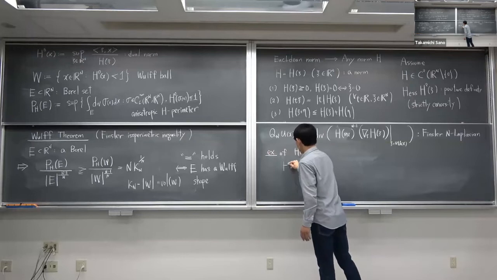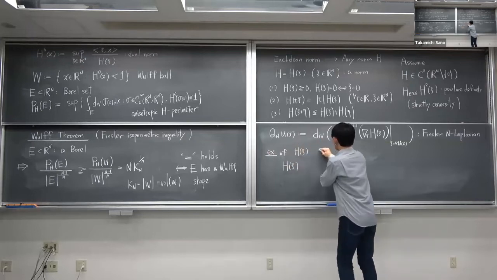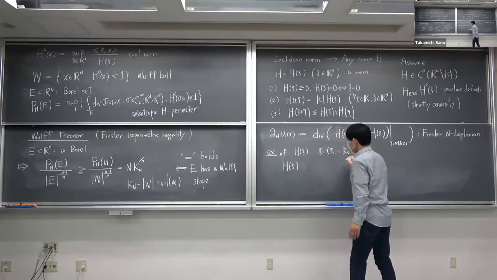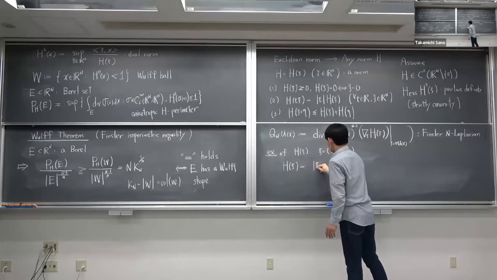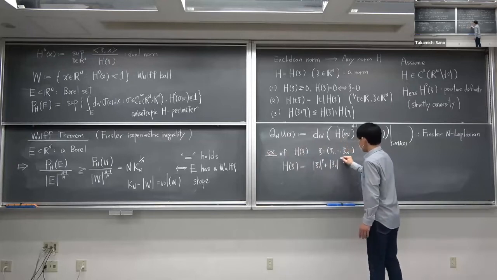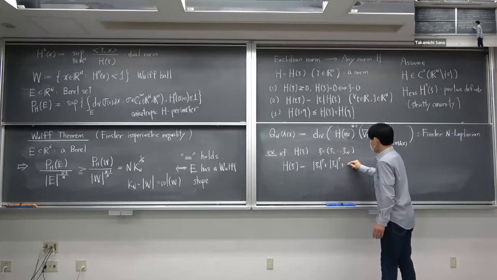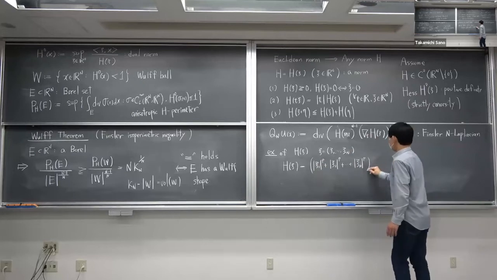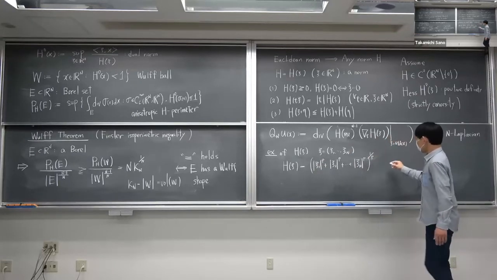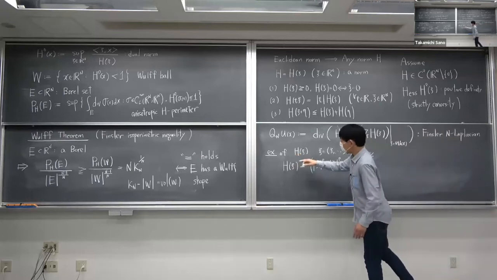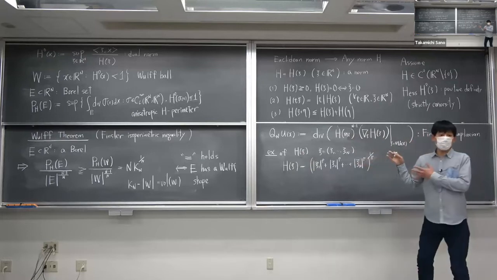For example, ξ is a vector (ξ1, ξ2), and H(ξ) is the small l^p norm: the modulus of ξ1 to the power p plus the modulus of ξ2 to the power p, and we take the 1 over p exponent. This is also a norm on Euclidean space.